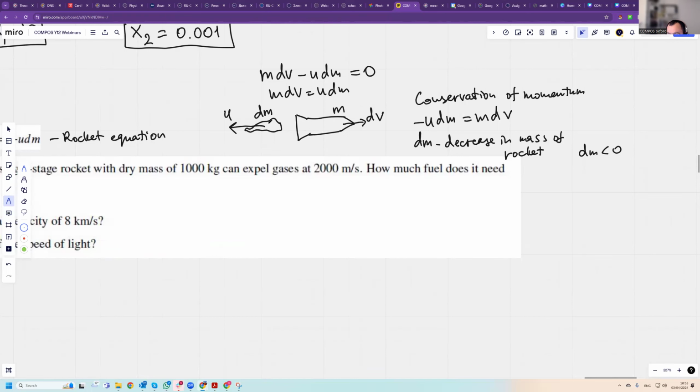We've already considered the opposite direction, but now you consider that dm is negative because it's a decrease in mass of the rocket, so you put a minus here.